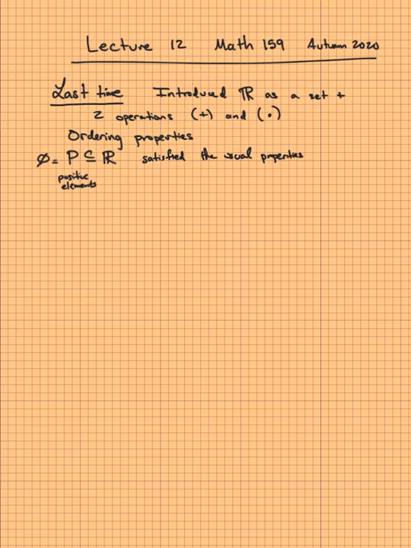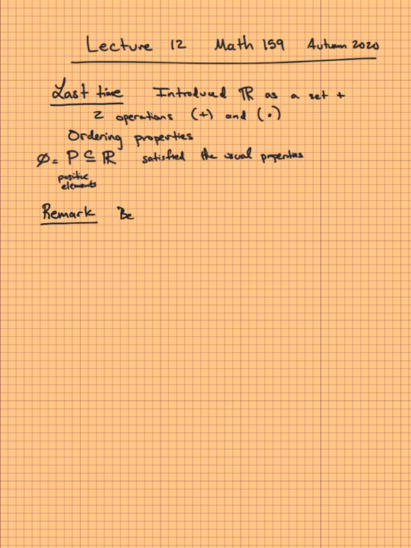If you multiplied two positive numbers, you got a positive number, and you had this trichotomy where something was either positive, negative, or zero. So let me say what we're going to do today. We're going to explore more properties about this positive set, and then see what else we can derive from this.